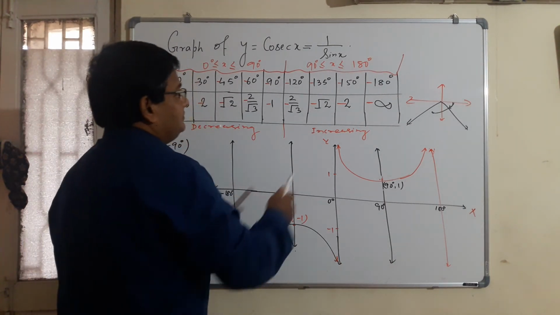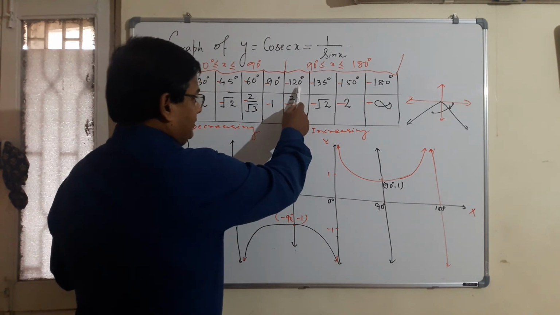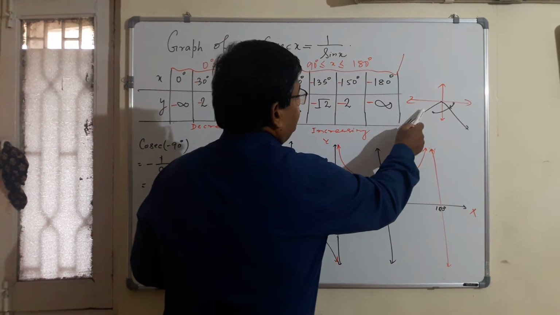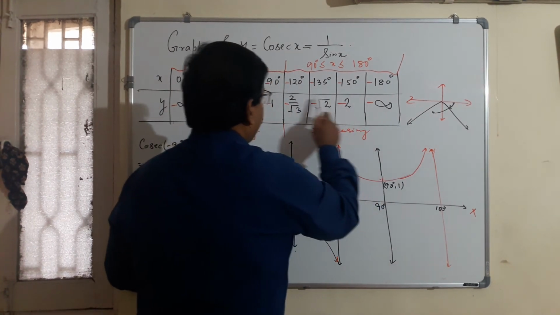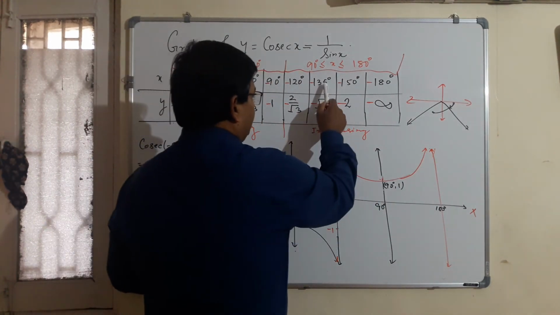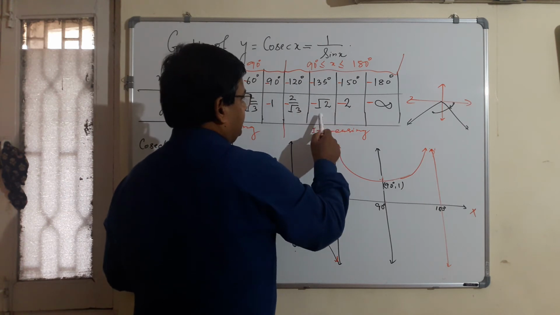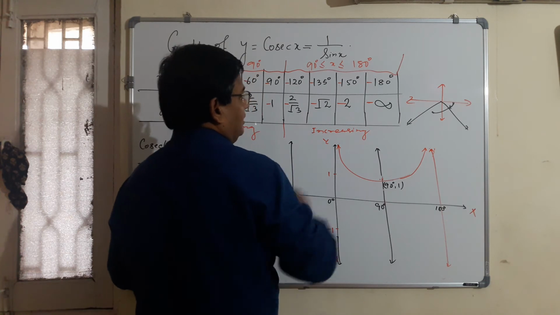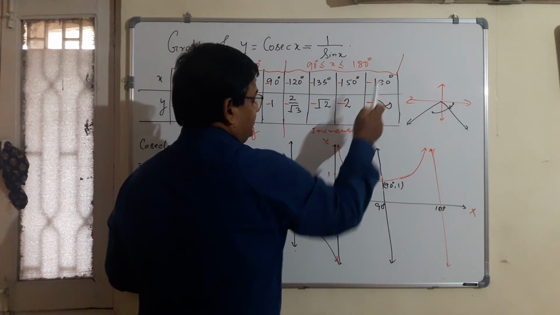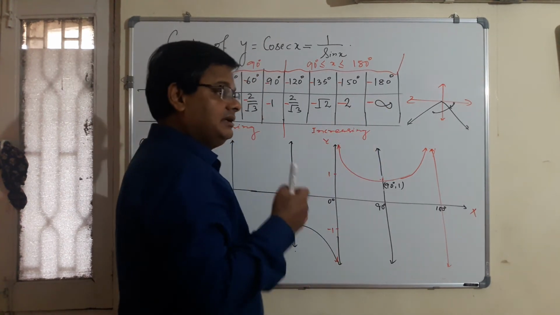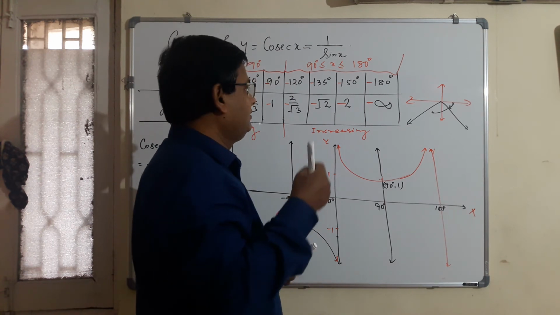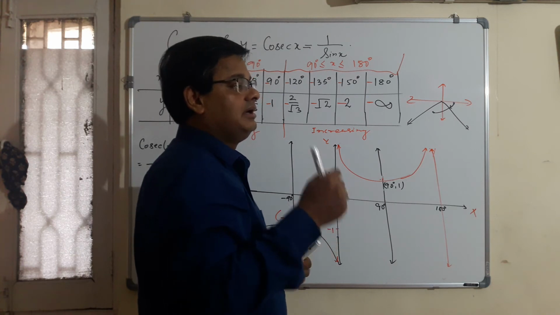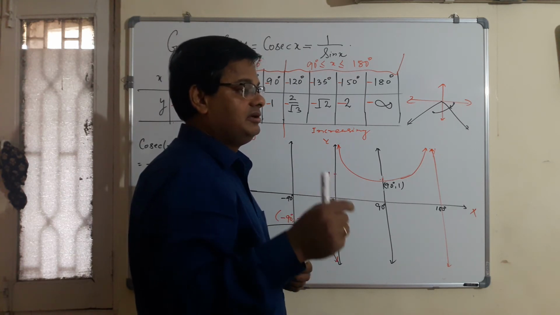So see here, minus 120 degree lies in the third quadrant. In the third quadrant it is negative. Minus 135, minus root 2, lies in the third quadrant. Minus 180 degree means slightly less than minus 180 degree, so you can take minus 179.9999.